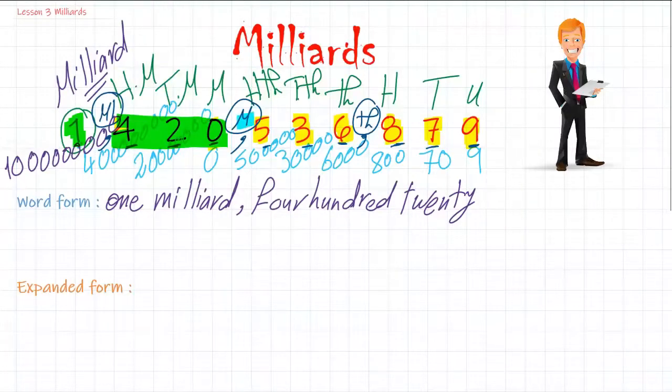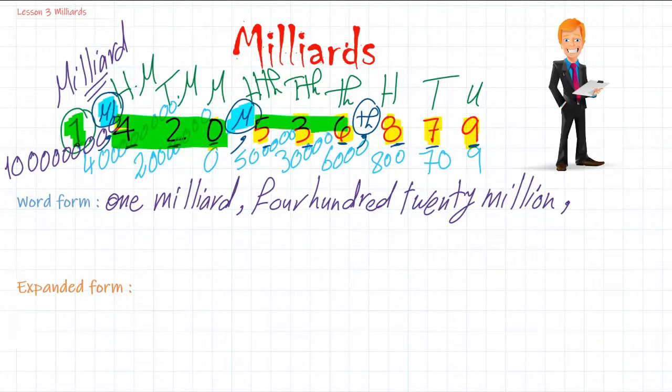We have here million. So we have the first comma here is milliard, and the second is million, and the third is thousand. So let's write here millions, and then put the comma and read these 3 digits together.